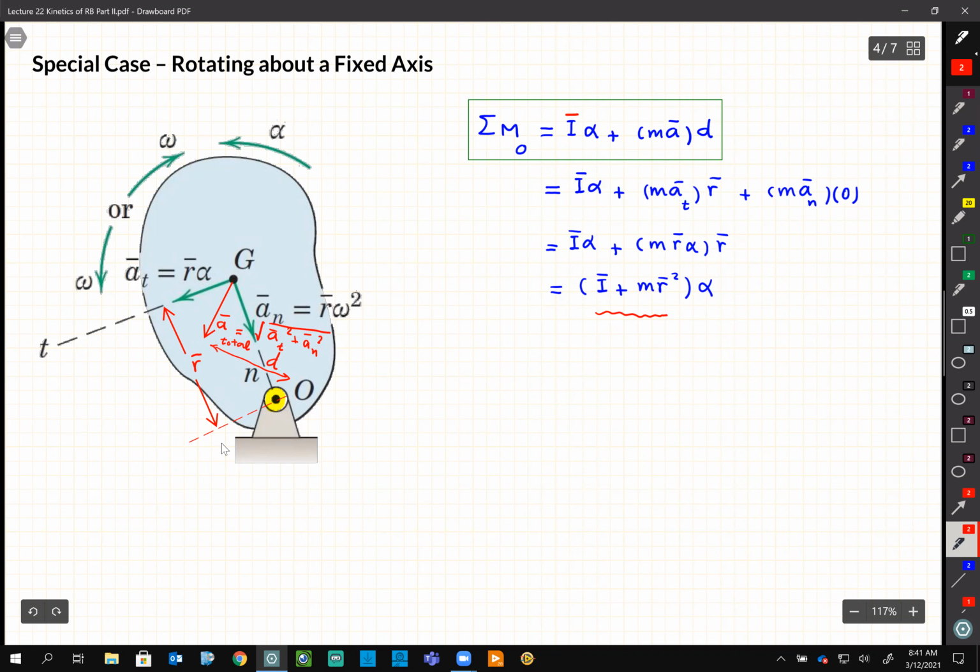Both are equivalent, okay? So for all of you, because it was a good and important question that Felix asked, let's pay attention one more time. He asked about this Euler formula that I have, MA bar, where A bar means the total acceleration. If we wanted to do it correctly, we should have calculated the total A bar, which is the square root of A bar T squared plus A bar N squared.